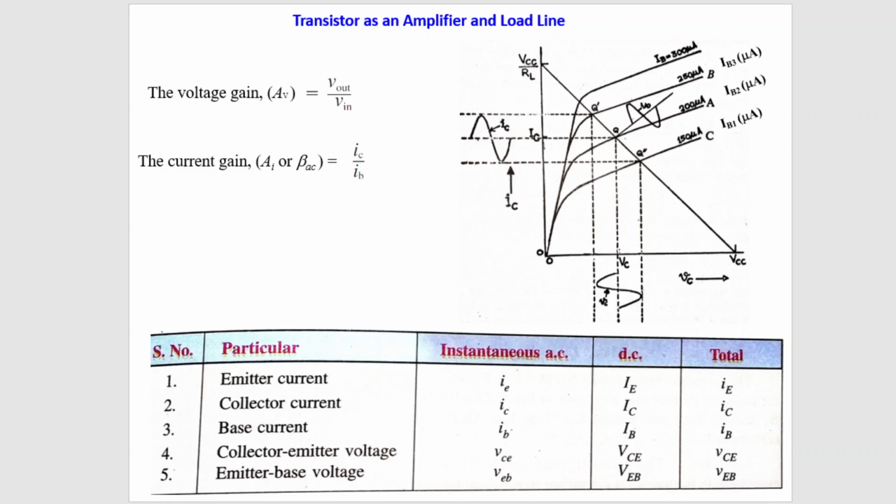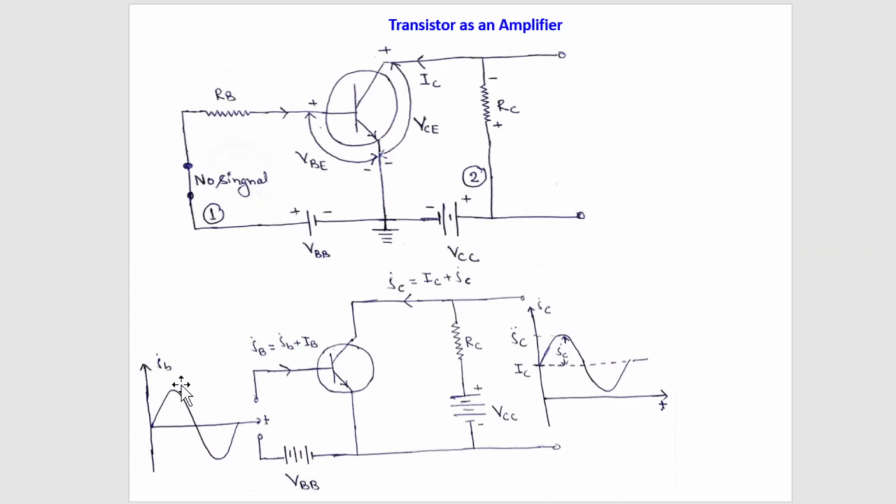If you draw the output characteristics curve when we are using the transistor as an amplifier, and then draw the load line, that load line is called an AC load line, as I introduced in one of my lectures. Because here we have applied an AC signal.